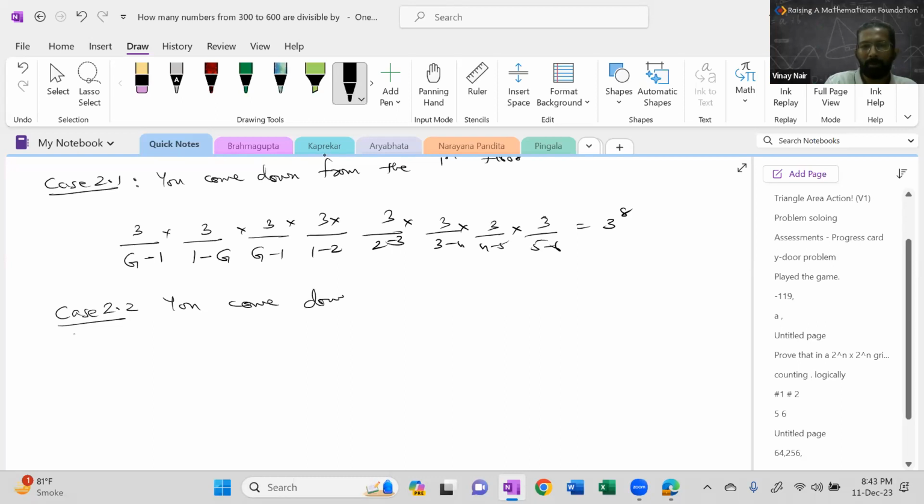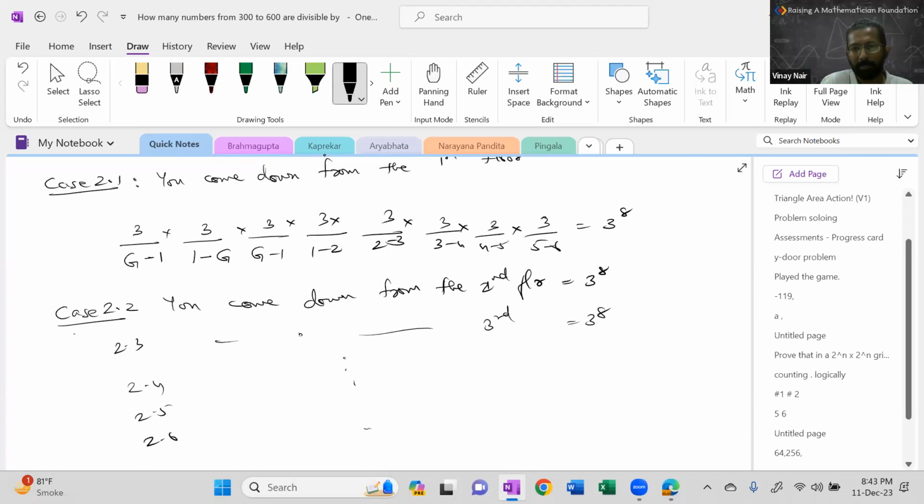Because we can come down in each case. From the second floor, there will be 3 power 8 possibilities. Case 2.3, blah, blah, blah. From the third floor, 3 power 8, all the way up to 2.4, 2.5, 2.6. Everything is 3 raised to 8.